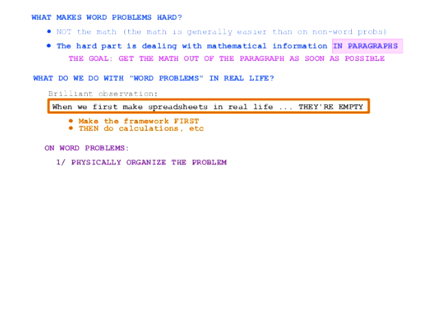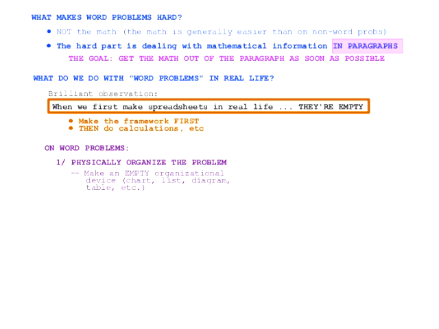And what I mean by physically organize the problem, again, it's like an empty sheet. This means to make some sort of empty organizational device. Notice organizational device is a very generic sounding word. It could be a chart, it could be a list, it could be a diagram, it could be a table. I mean, who knows? It could be a lot of things.